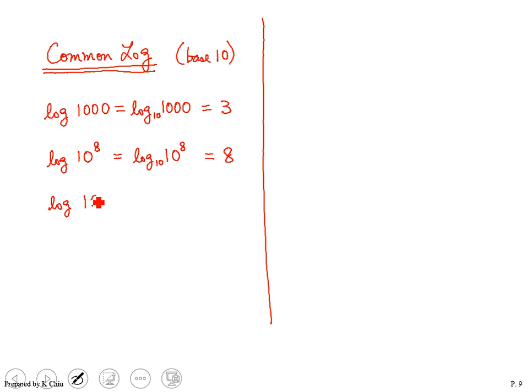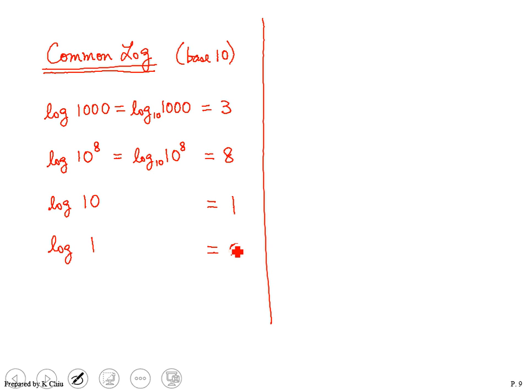What would that be? That would be 1 because the base is 10 now. So this would be simply 1. How about log 1? Can you tell what that would be? Is log 1 equal to 1? Not quite. Log 1 is equal to 0.